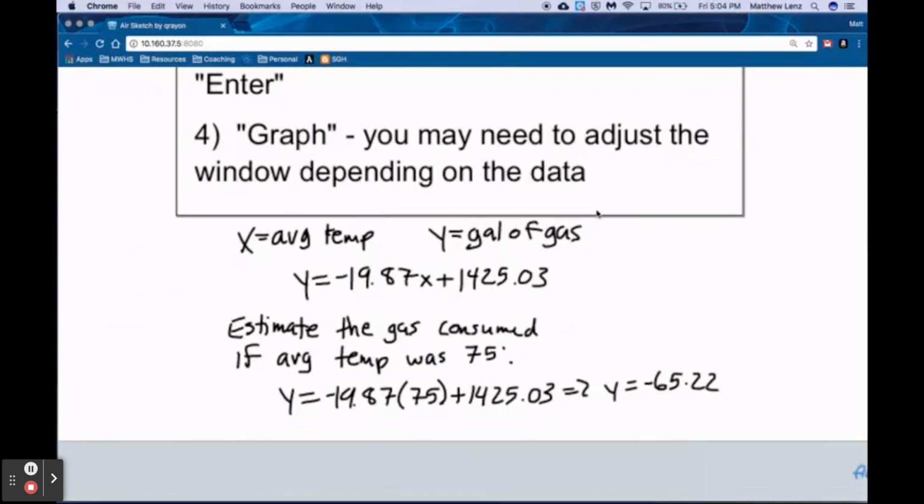You can't consume negative gallons of gas. The point of me doing that is to explain that your predictions aren't always going to be accurate. And in fact, the more data you have, the better your predictions are. We only had 8 data points. Okay, so that wasn't a great amount of data.